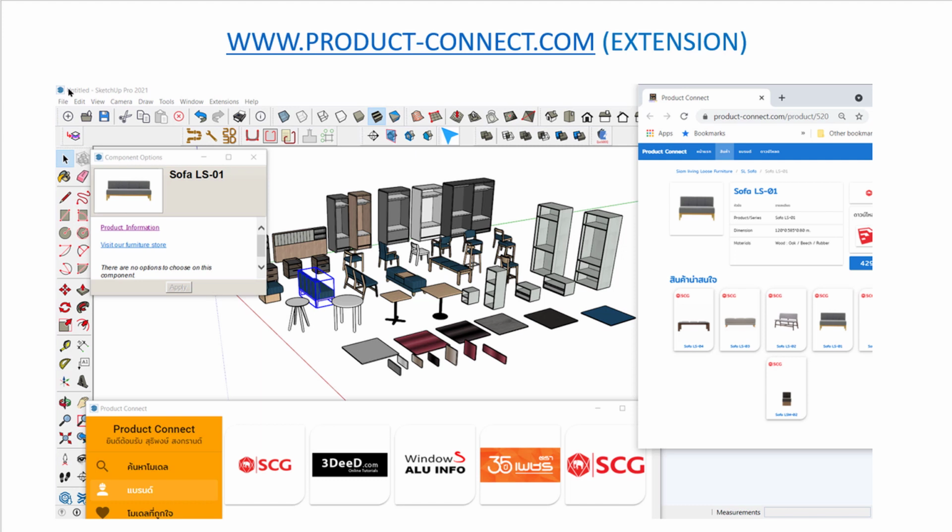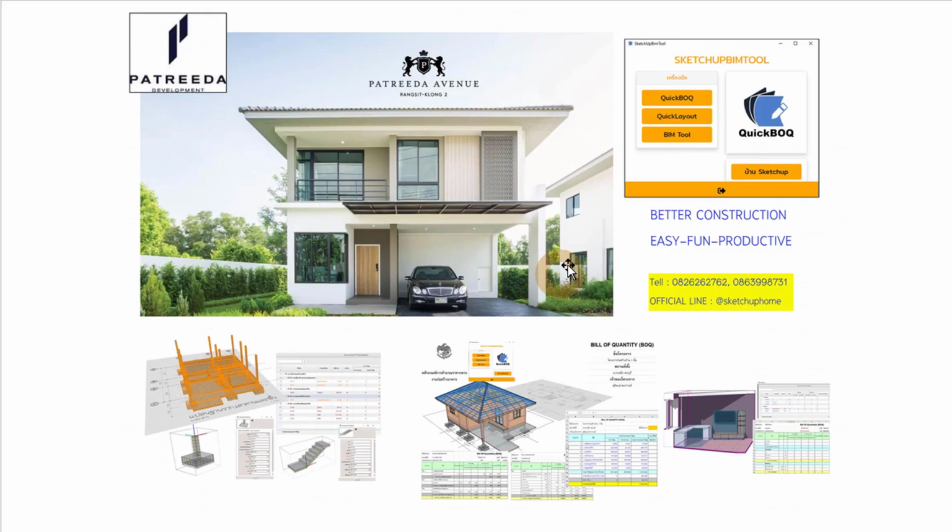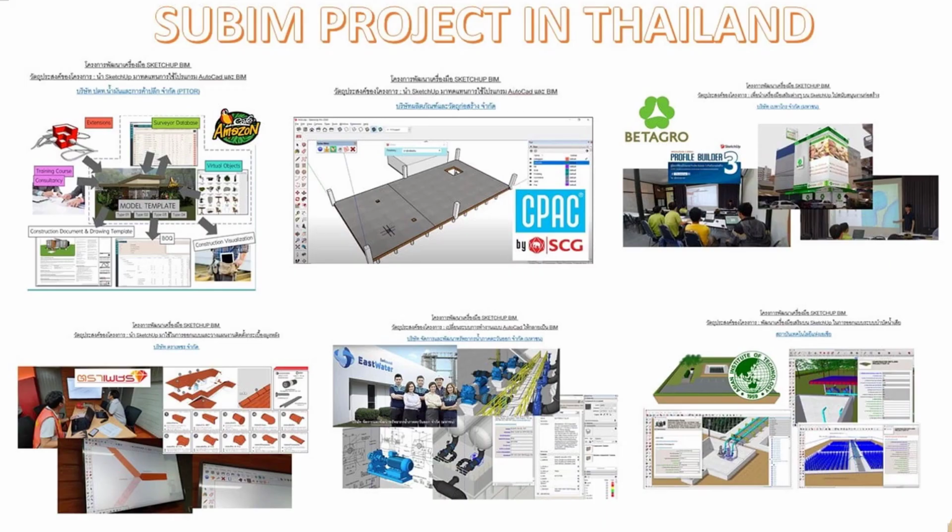I also have the website called Product Connect. We provide real-world objects, groups and components for people to use. Currently, one of the housing developer companies in Thailand has adopted our process and technologies already. We also provide B2B business, making extensions for big corporations in Thailand.